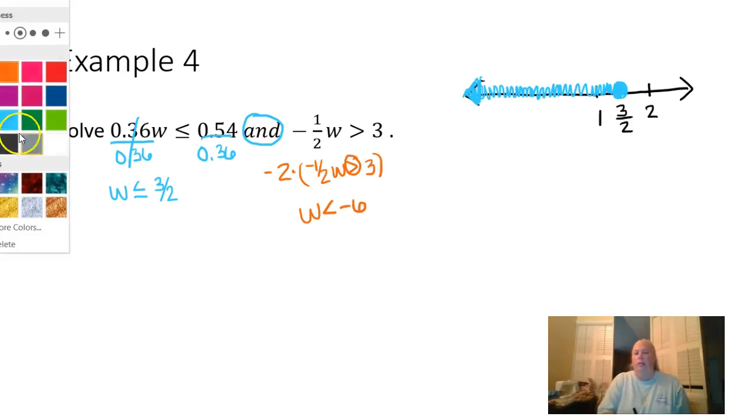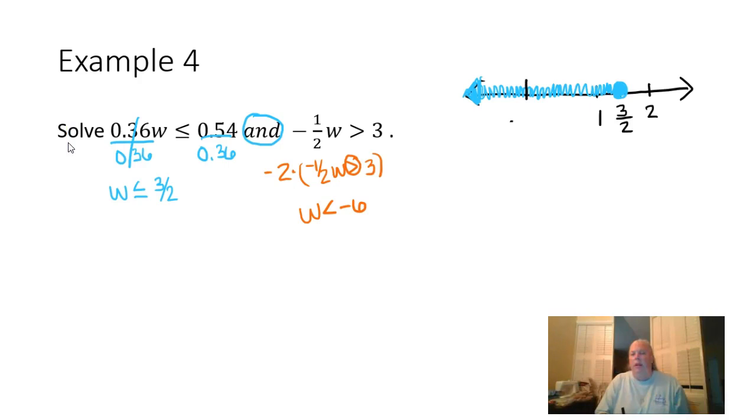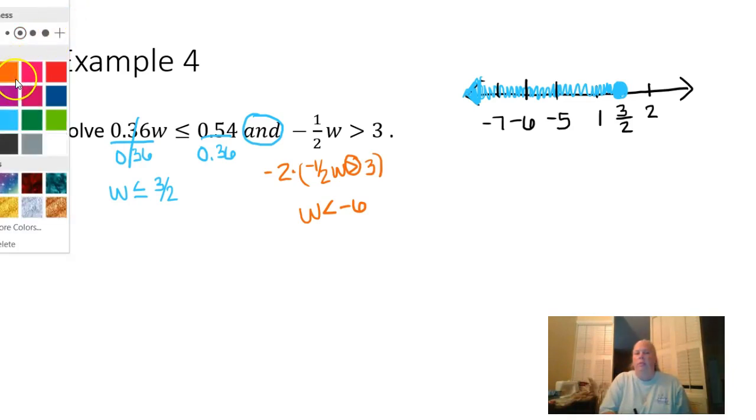All right, so over on the graph, we can put our -6 back here. And let's see, -7 is smaller, and -5 is larger than that. Let's see what the picture is going to look like now.